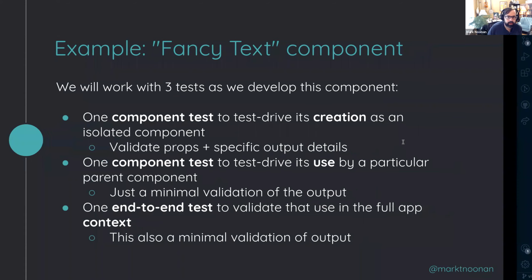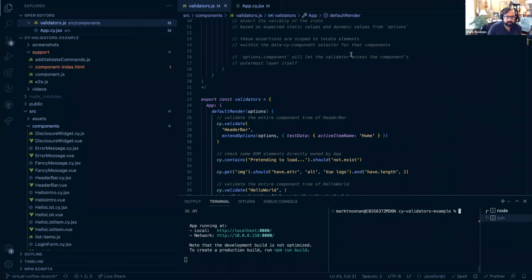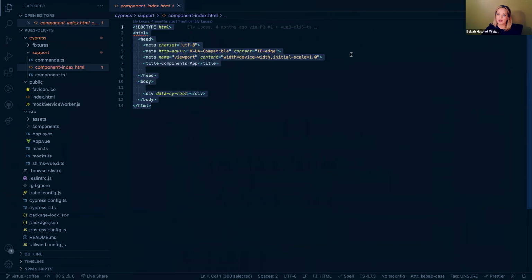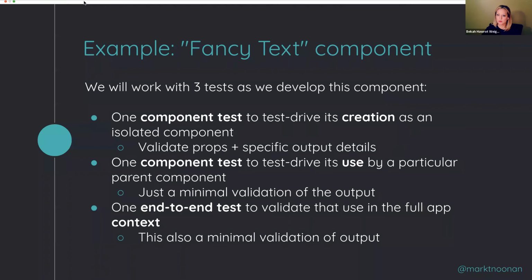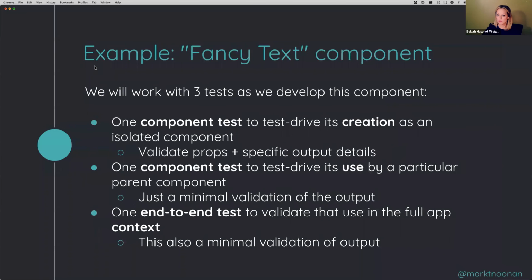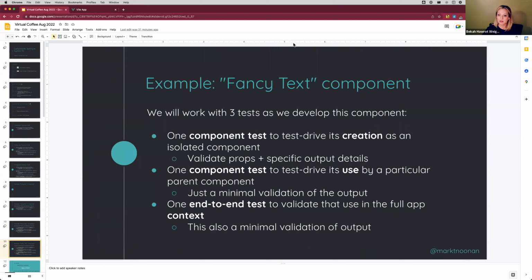Cool. Any other questions before I dive into the example? And we do have another question from Tom asking, how well does this work with Ionic Components? That's a good question. I haven't tried it with Ionic. I do have a Vue Ionic project I've worked with.